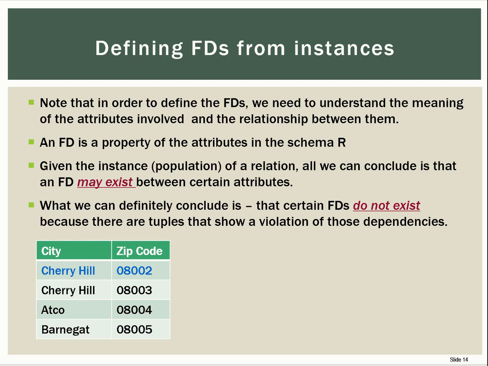You can definitely show that a functional dependency does not exist. If we solve this table, you would know that city cannot functionally determine zip code. But you can't prove that a functional dependency does exist. For example, do we really know that a zip code can't be used for two cities? We can assume that, but without seeing the full data, we're not sure.